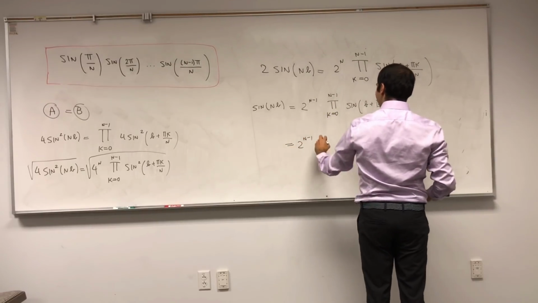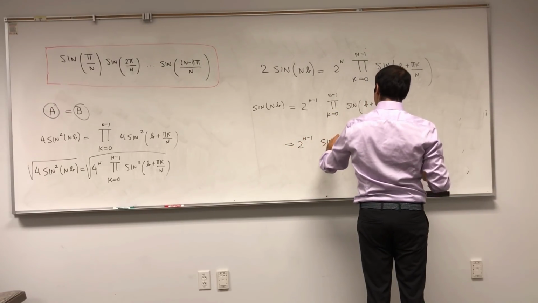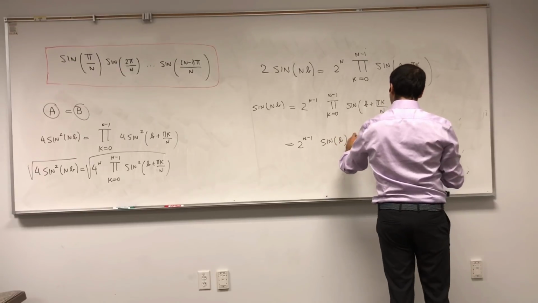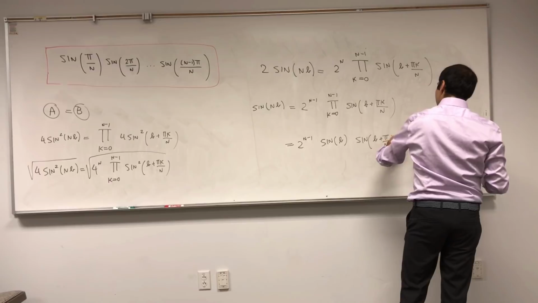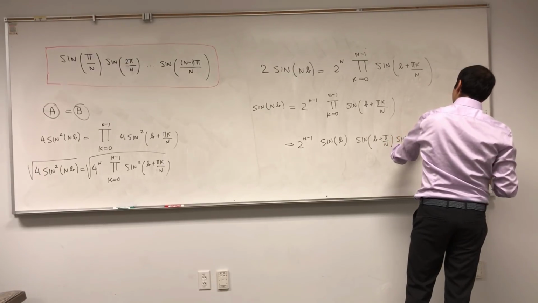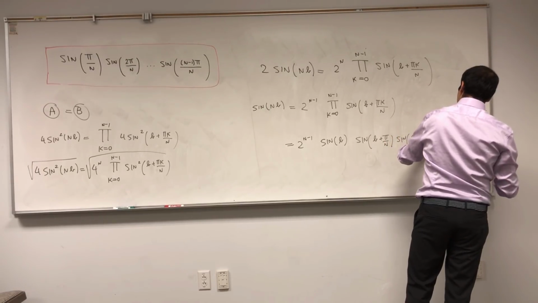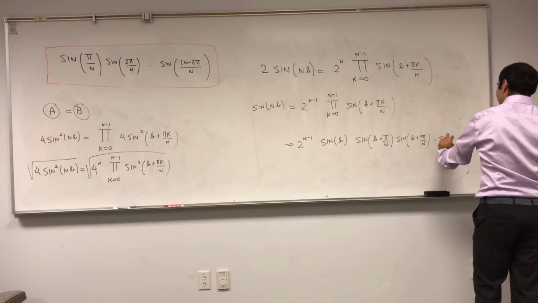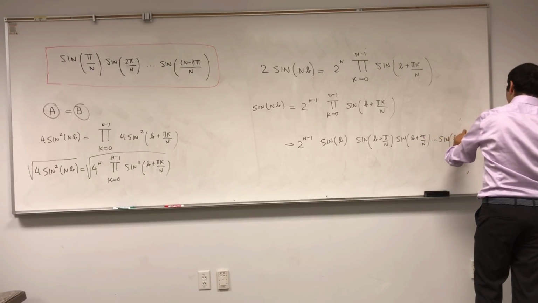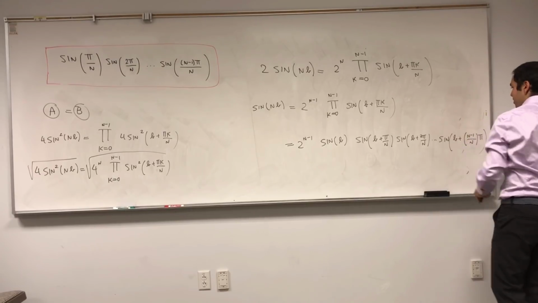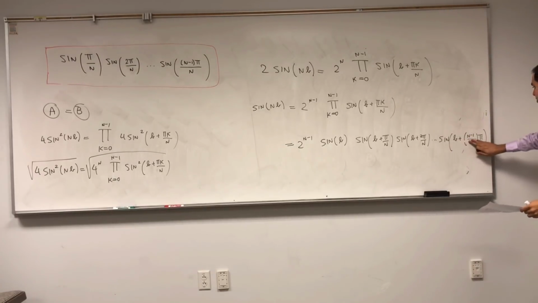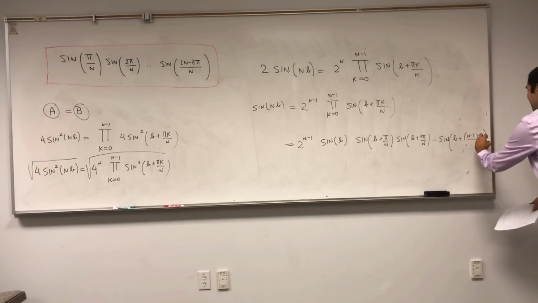It's 2 to the n minus 1, sine of b, and then sine of b plus pi over n, sine of b plus 2 pi over n, dot, dot, dot, sine of b plus n minus 1 over n pi. Maybe sine of n minus 1 pi over n.